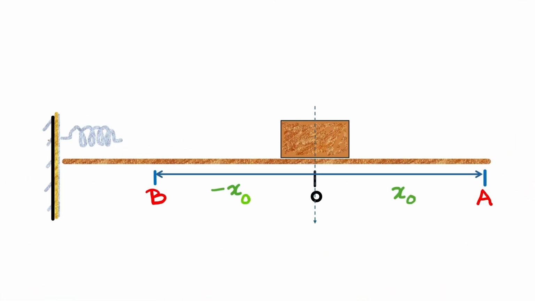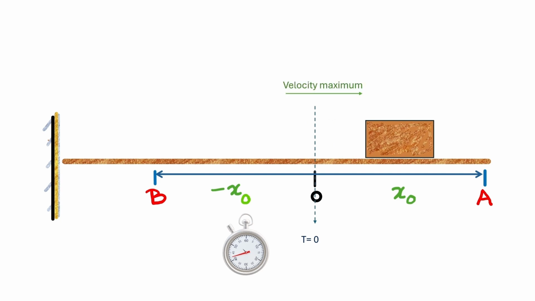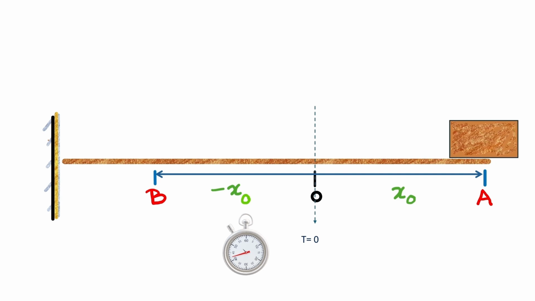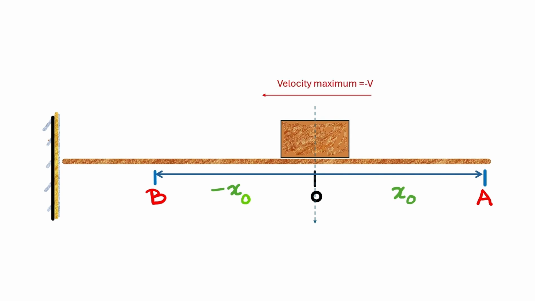If we talk about time, I have taken time equal to 0 at the original position when the block is going towards A, and its velocity is V maximum, shown by the green arrow below the block diagram. When it crosses position O leftward, its velocity will be minus V, again equal in magnitude to the maximum velocity.